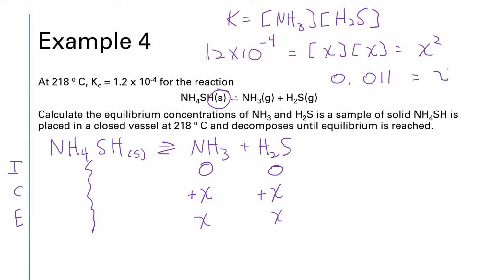And on the right-hand side, I'll have x. So since x is numerically equal to the concentrations we're looking for, we know that ammonia's concentration is equal to the concentration of H2S, and both of those are equal to 0.011 molar.